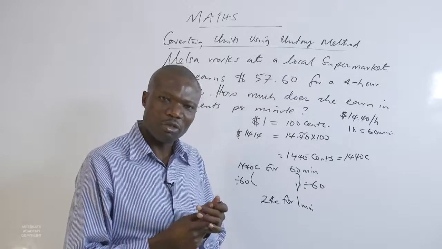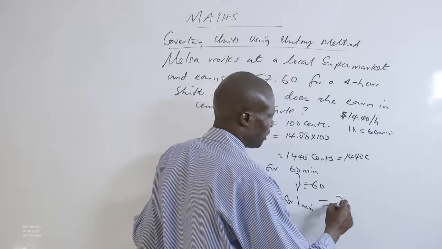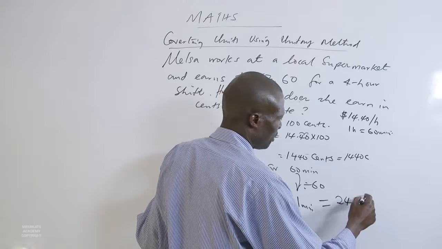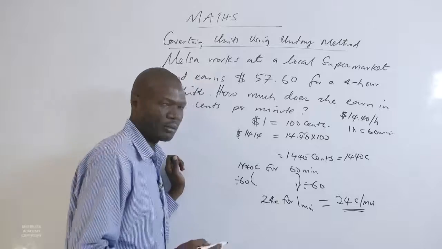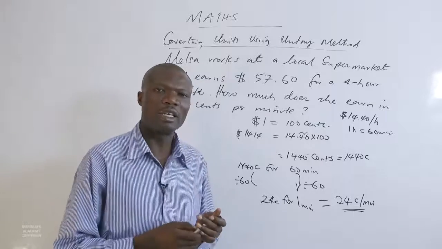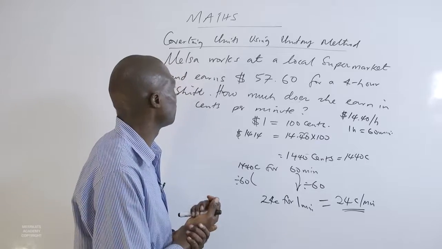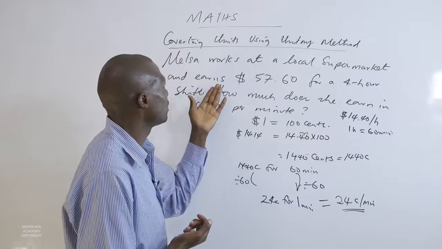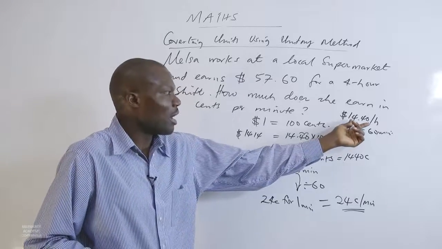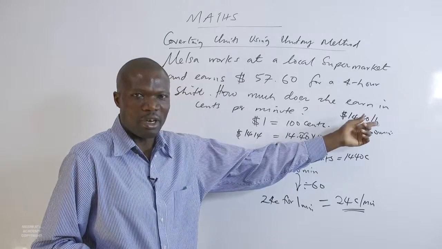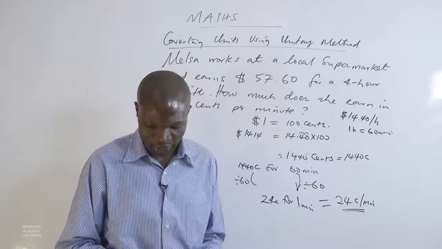Melsa earns 24 cents for 1 minute, which rate can be written as 24C per minute. This is the rate we are looking for when we ask ourselves about what she was earning. Take note, we have been able to convert from dollars per hour to now we have cents per minute.